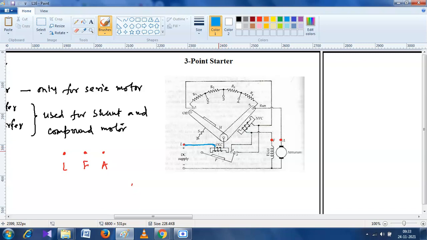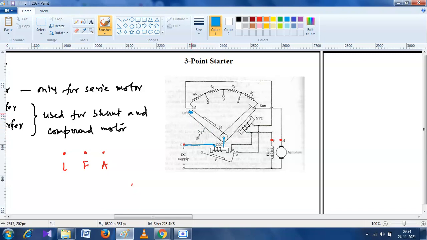So the current will go through this coil to that lever, and the current is stuck here because there is no way for the current to go. So this is basically the off position of that lever, and a spring is connected to that lever so that it will rest on the off position.